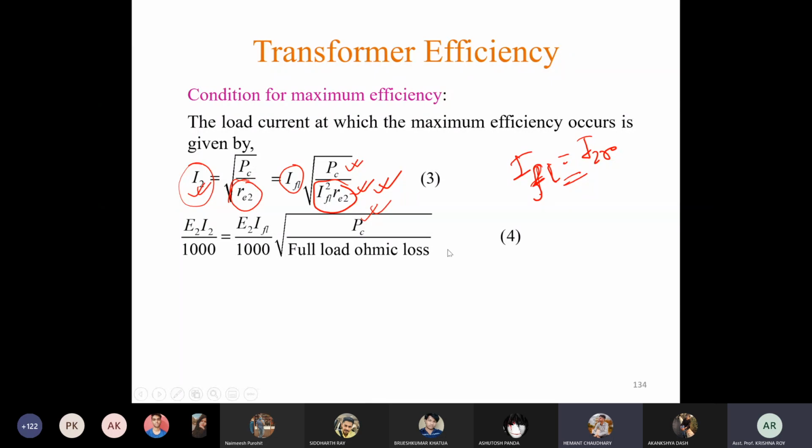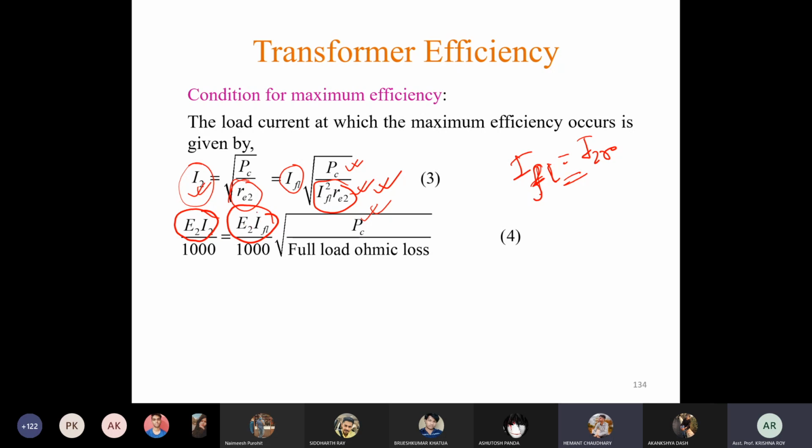Now another way of expressing this formula is that if we multiply both sides by the secondary rated voltage and divide by 1000, then we will get the kVA rating. See, E2 I2 is the kVA load at which maximum efficiency occurs. E2 IFL is the kVA rating, because E2 is the rated secondary voltage and IFL is the rated secondary current.